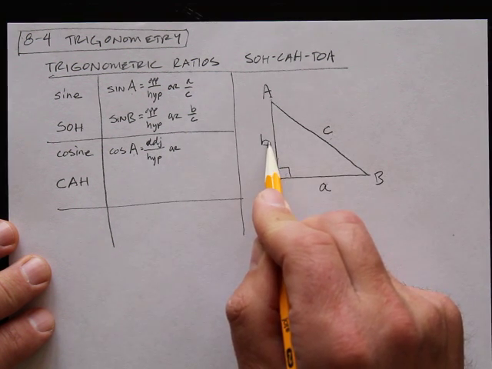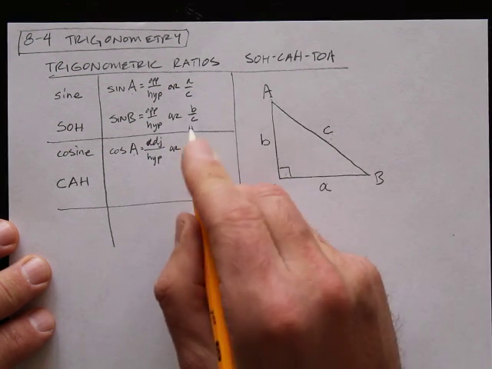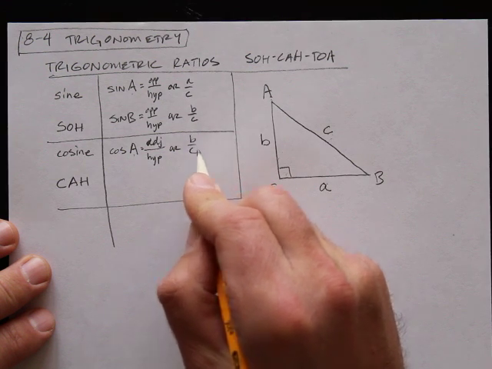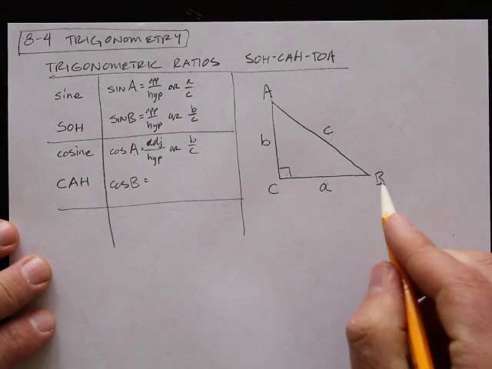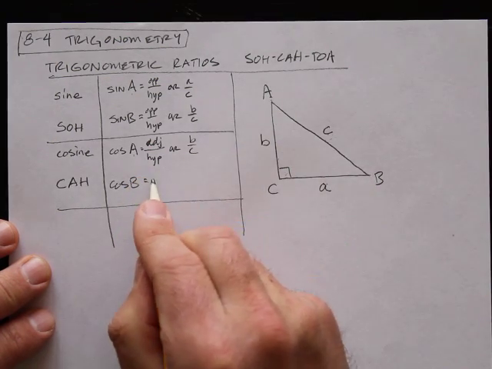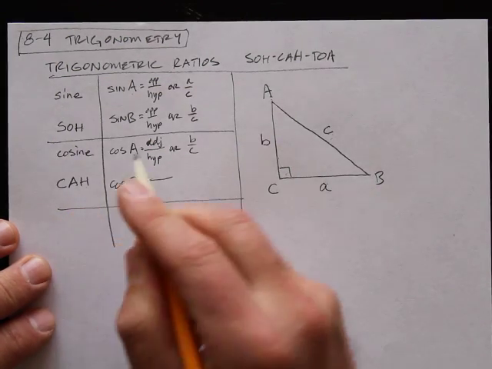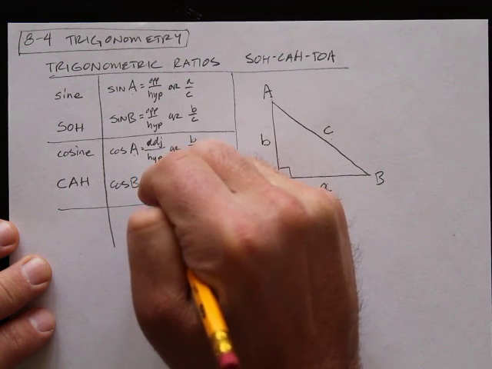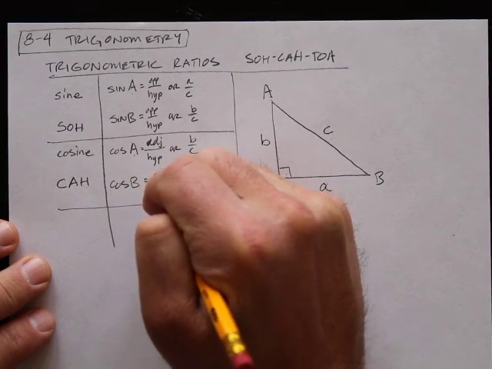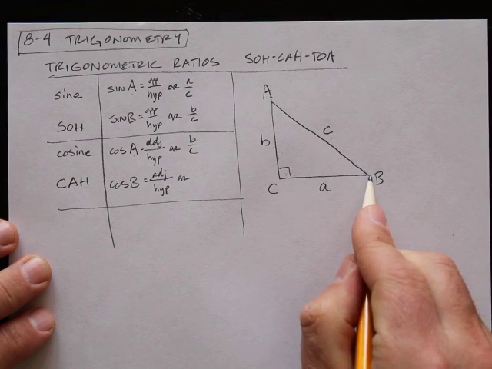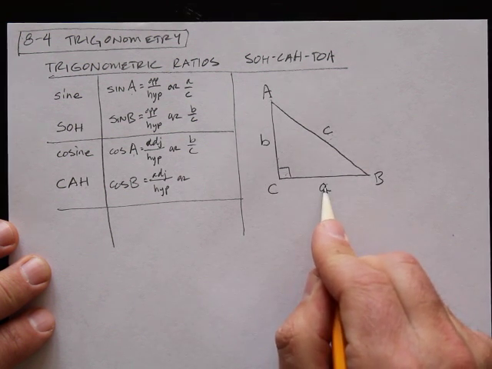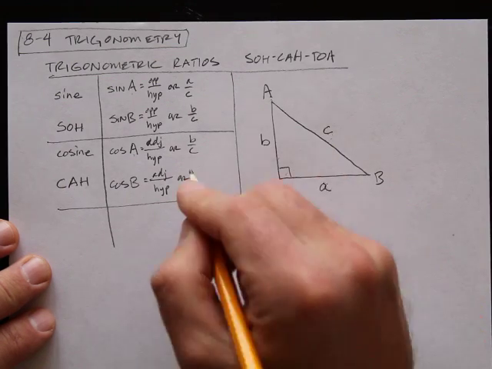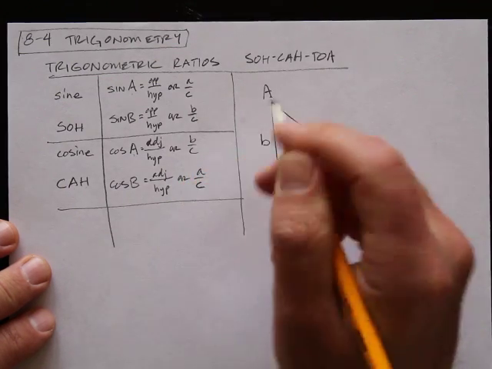So adjacent, which is B, over hypotenuse, which is C. Cosine of angle B, again, adjacent over hypotenuse. The side that's adjacent to B is side A, and the hypotenuse is C, so A over C.